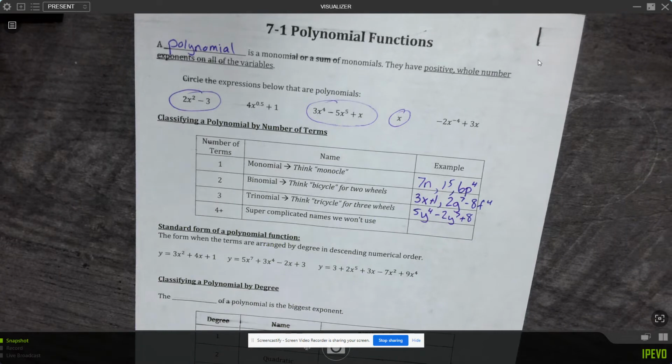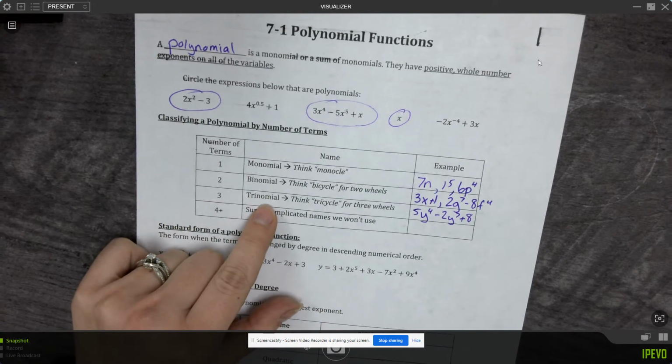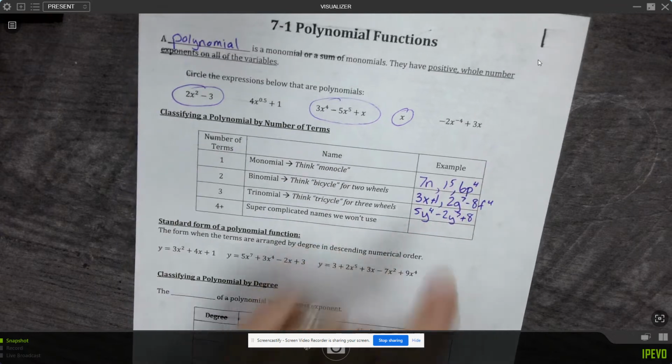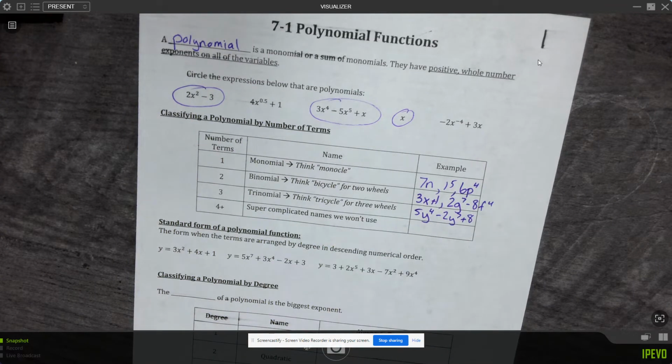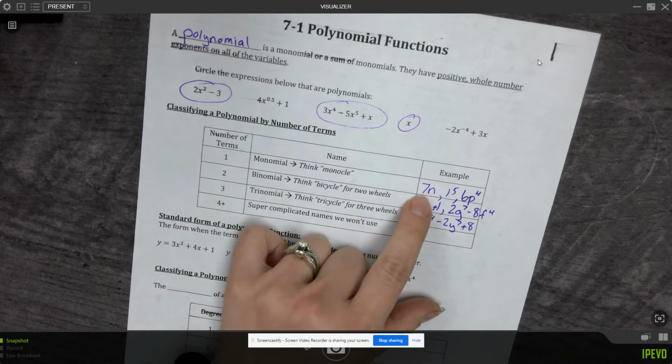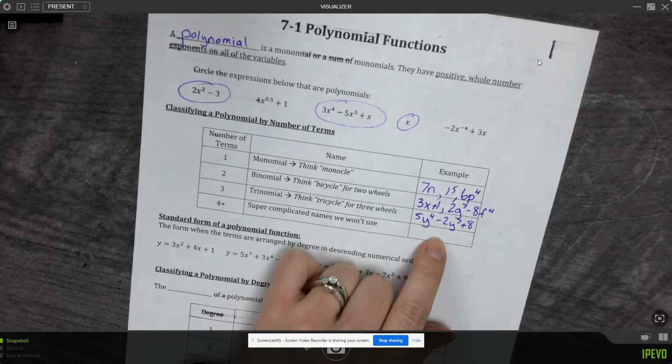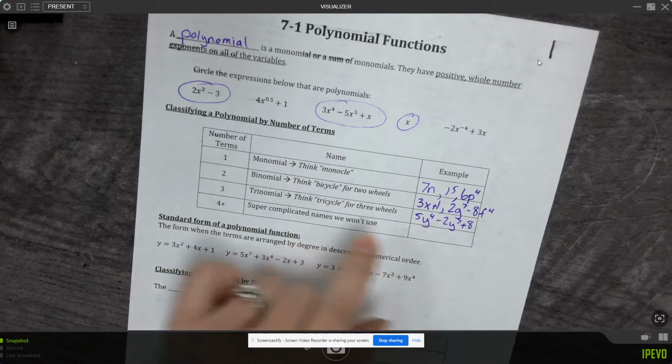And a polynomial with 3 terms is more specifically a trinomial. Anything longer than that, we're just going to keep calling it a polynomial. We're not going to give it a special name. Knowing that all of these are polynomials, they are also just more specifically a monomial, binomial, or trinomial. So if I ask you, is this a polynomial? Yes. But then if I say classify it more specifically, then you say trinomial.